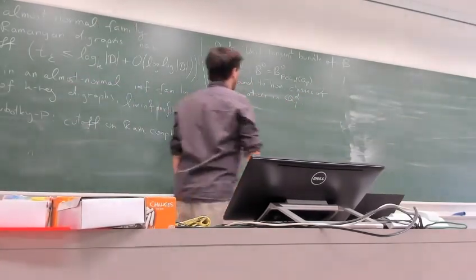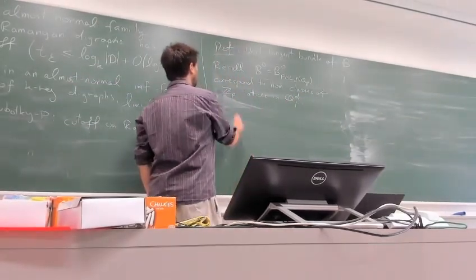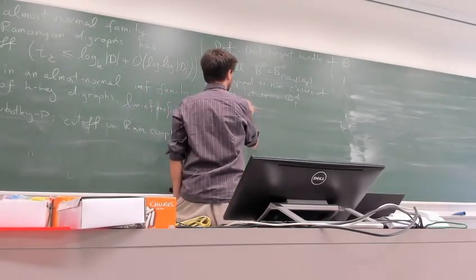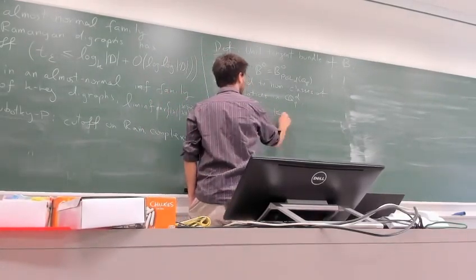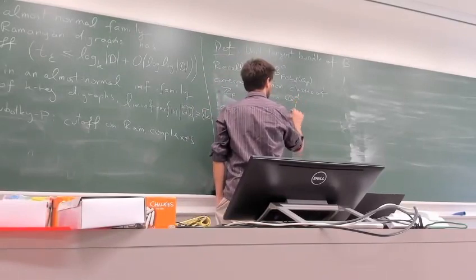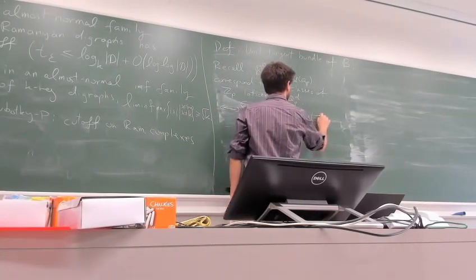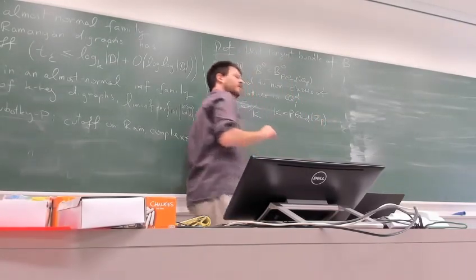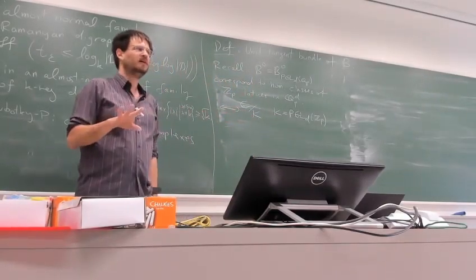And I like to think about it really as the quotient PGL_D(Q_p) mod K, where K is PGL_D(Z_p). So was that set? I think.